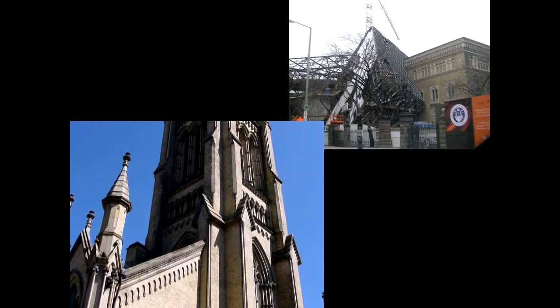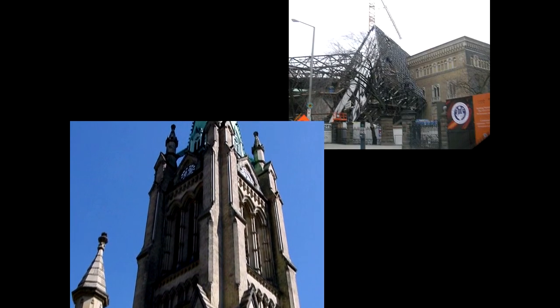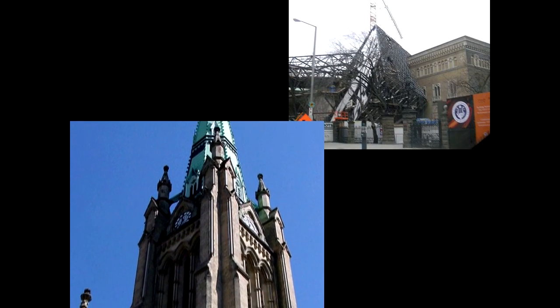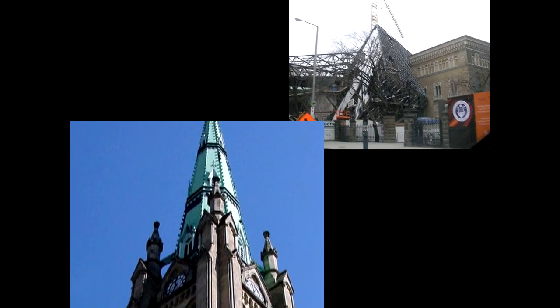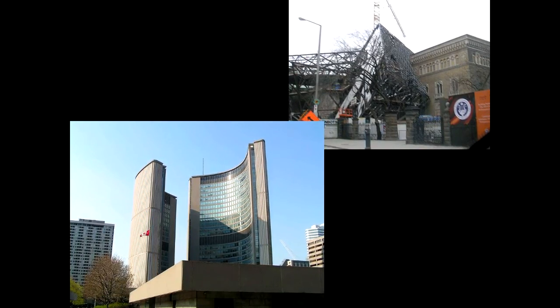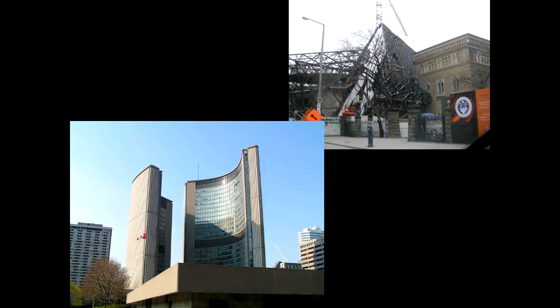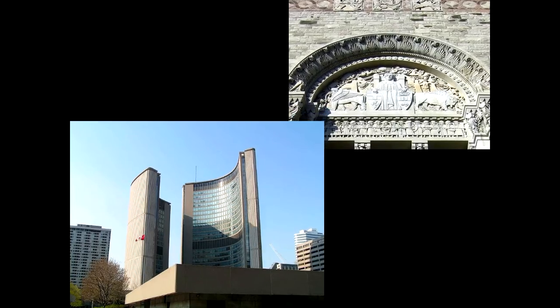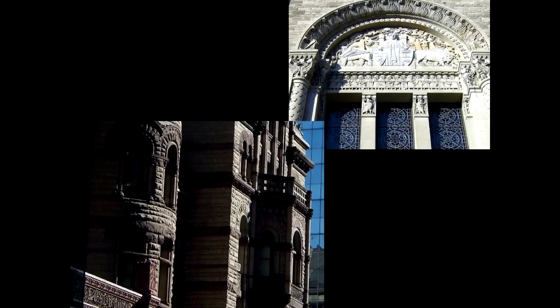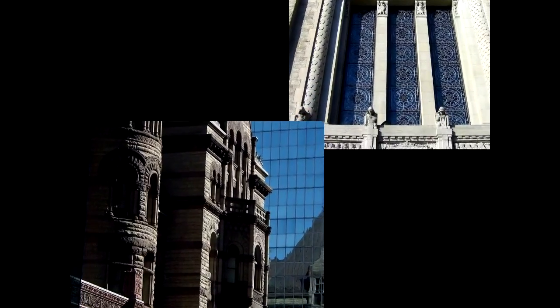Here's the Toronto Anglican Cathedral. I was always impressed by the Toronto City Hall. Here's the old Toronto City Hall, and its reflection is in the high-tech building to the right.